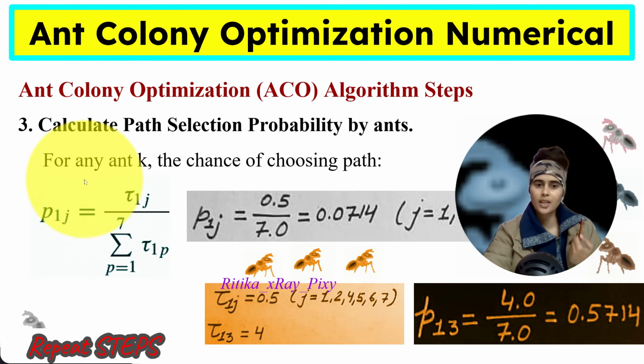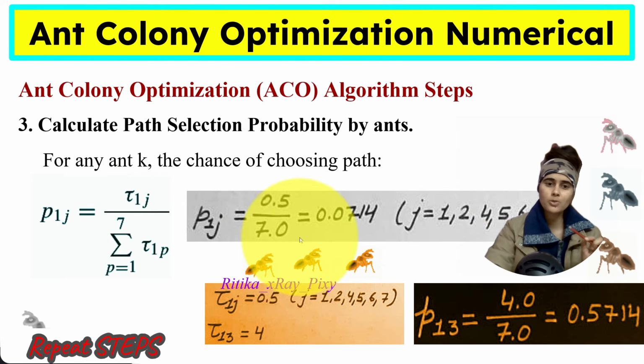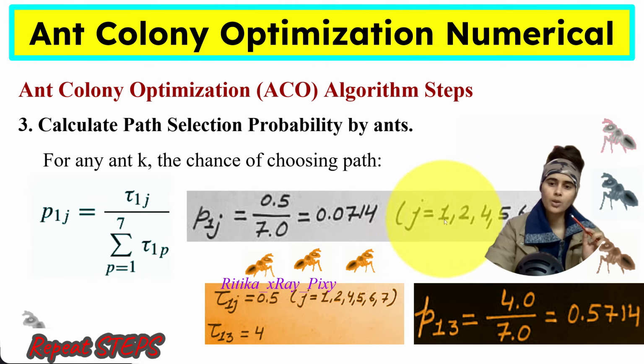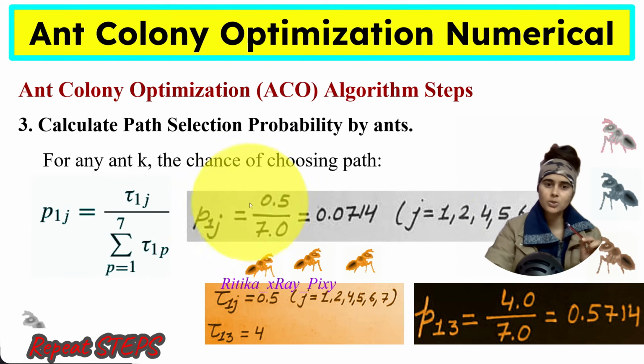Again for any ant, the chance of choosing a path is calculated. Now we calculate the probability of selecting the best path and the other paths. The best path is the third one, P13, and the others are P11, P12, P14, P15, P16 and P17. The probability for selecting another route is 0.5, the pheromone level on this path, divided by 7.